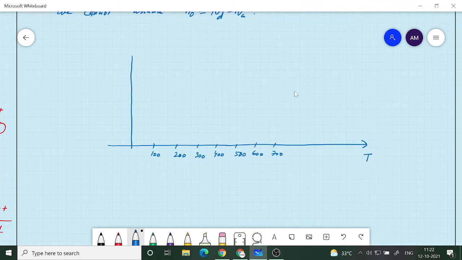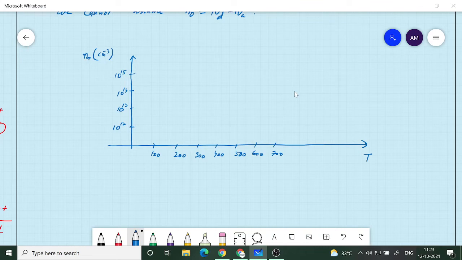These are the values of temperature, and on the y-axis I have the concentration for N0, in per centimeter cube. So this is say 10 raised to 12, then 10 raised to 13, 10 raised to 14, 10 raised to 15, like this.